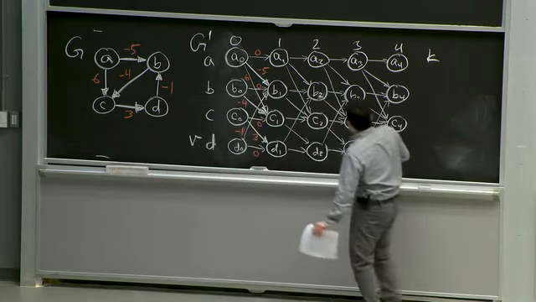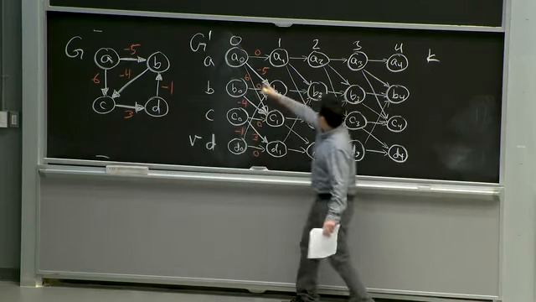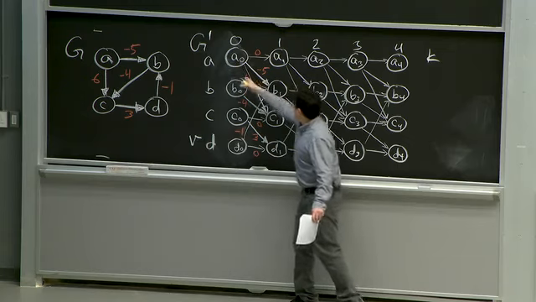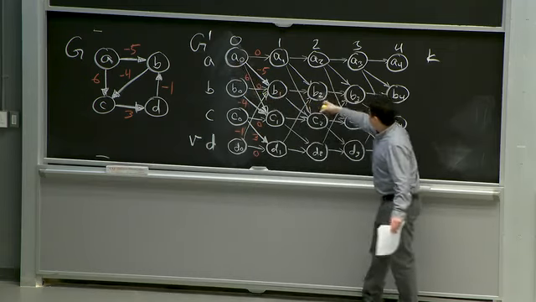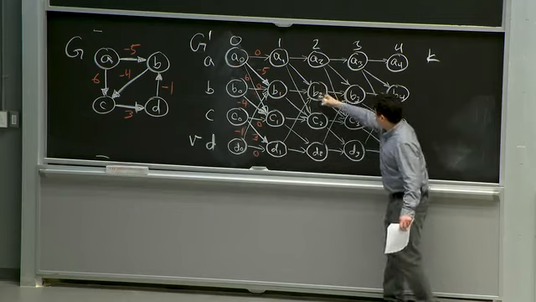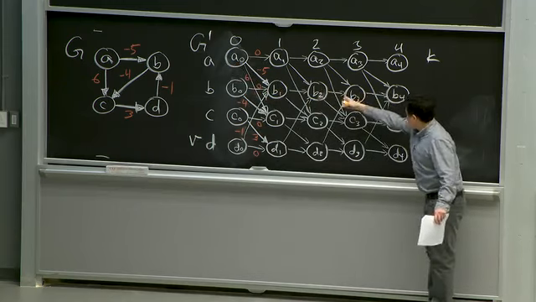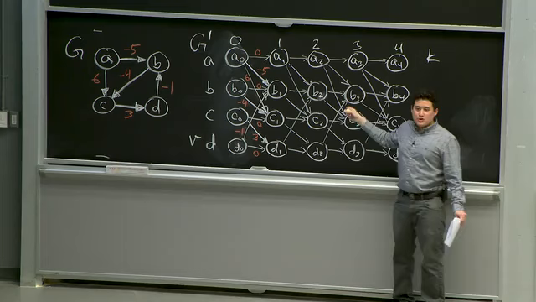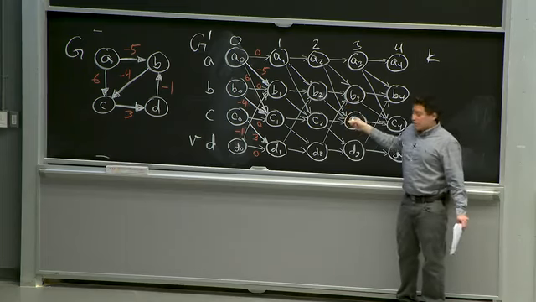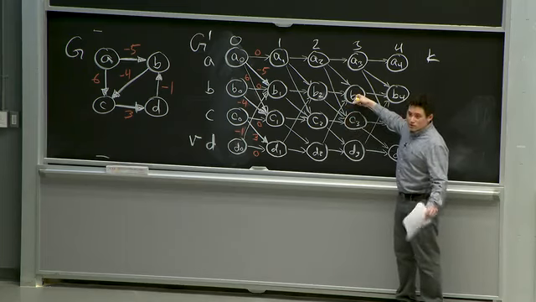So let's find such a path. Going from A0, B1, stay at B, sorry. Yeah, that's a path using fewer than 3 edges, or at most 3 edges.